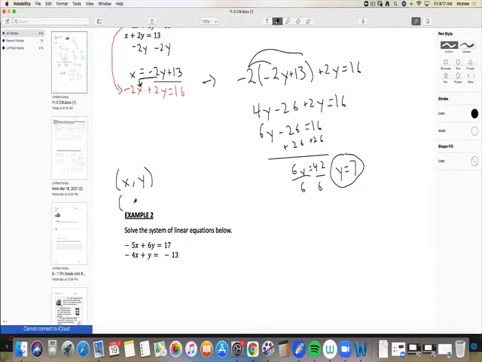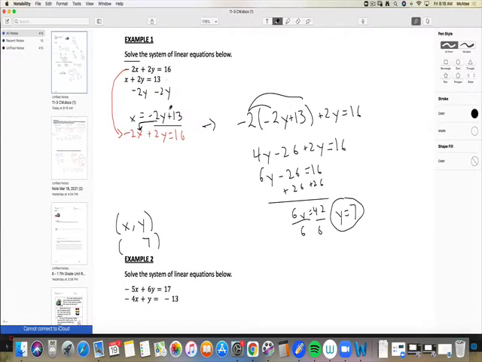So I have my y value, but I want to find my x value. How do I do that? Well, we can take that y equals 7 and plug it in to one of the equations. You can use either one, it doesn't really matter. Let's go ahead and use the bottom one.